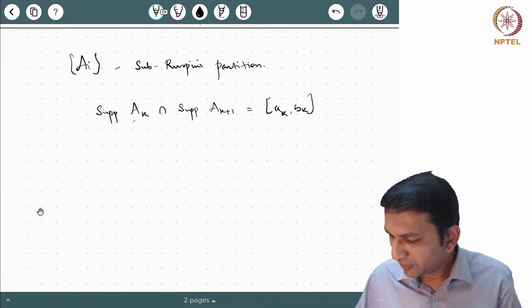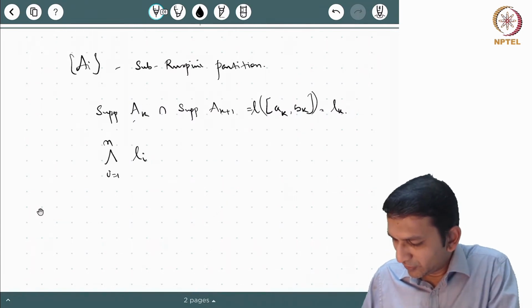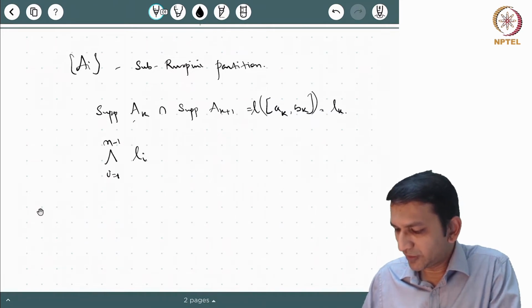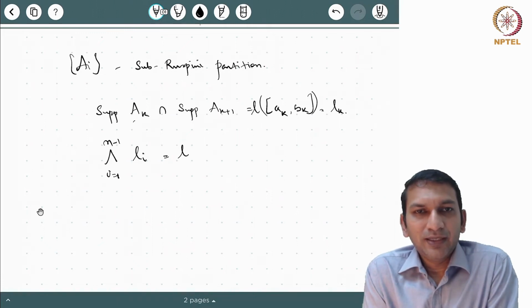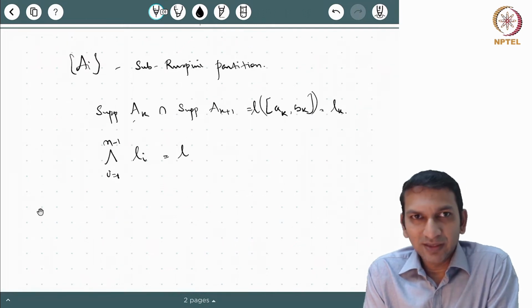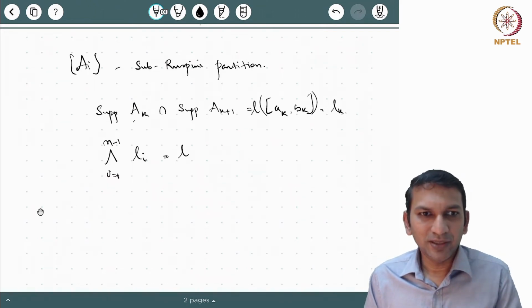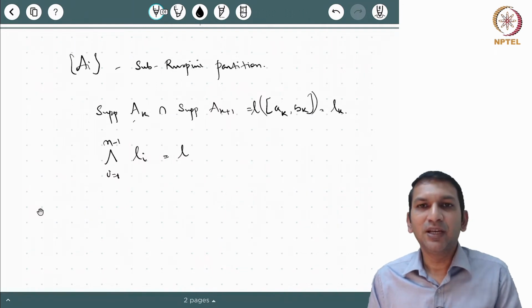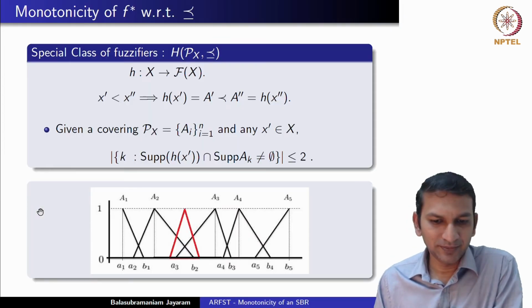All we need to do is find the length of this, let's call it LK. Now infimum over I equal to 1 to n of Li's. If you consider these, n minus 1 perhaps, because you can go to that. If you take this as the corresponding L, then if you ensure that the fuzzifier does not fuzzify a given point to a fuzzy set whose support is bigger than this, then such a fuzzifier can be considered. So given the partition, based on the partition or the fuzzy covering Px, we could always come up with such fuzzifiers. Such fuzzifiers do exist.